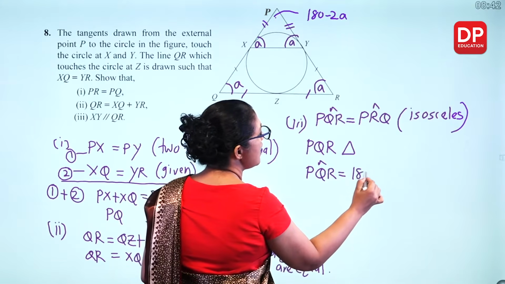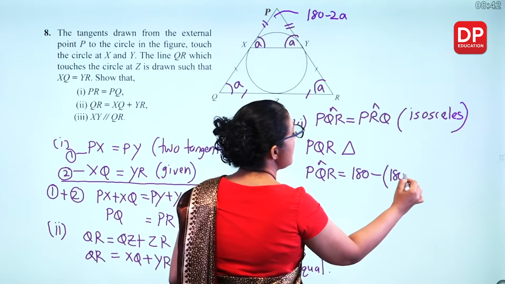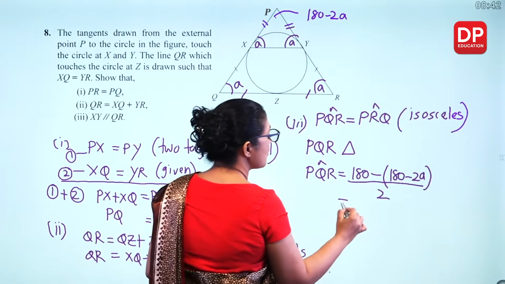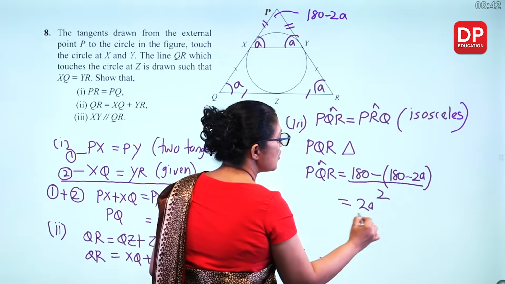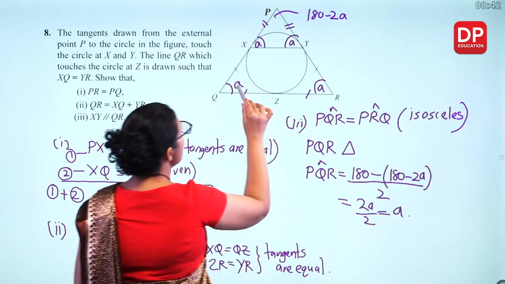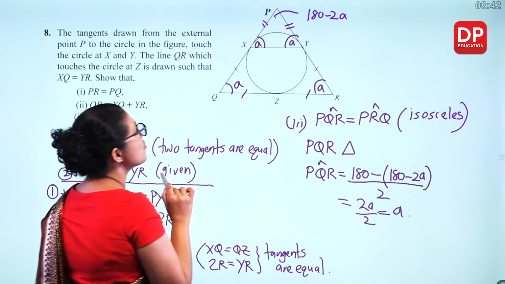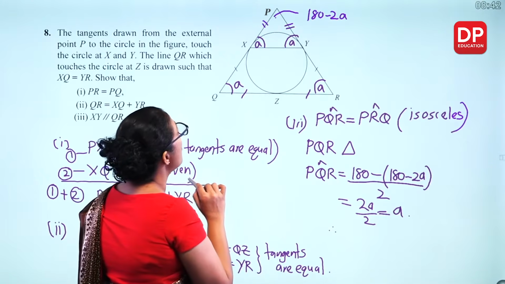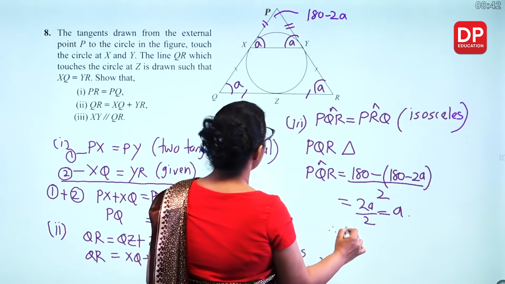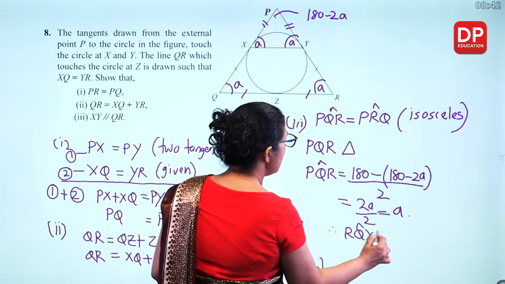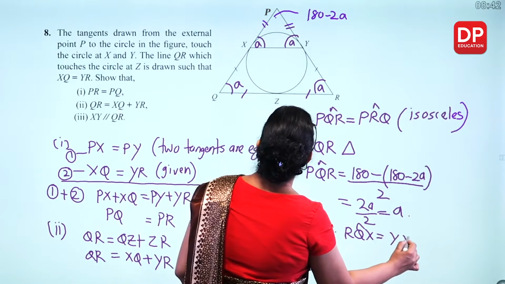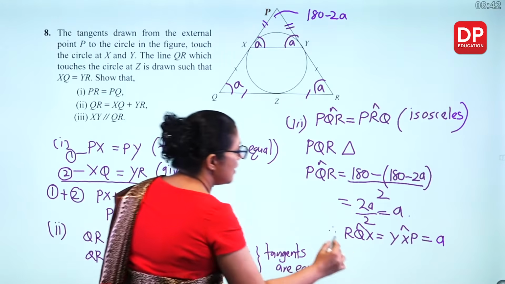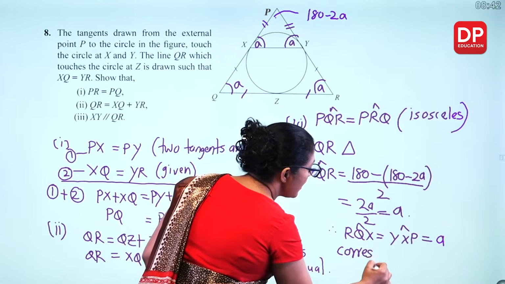We can do 180 minus 2A, that's the common angle, divide by 2. So you get 2A divided by 2, that's A. So we found out this is A, so therefore this is also A. Then we can write down RQX angle is equal to YXP angle, that's A. These two are equal. Corresponding angles are equal.